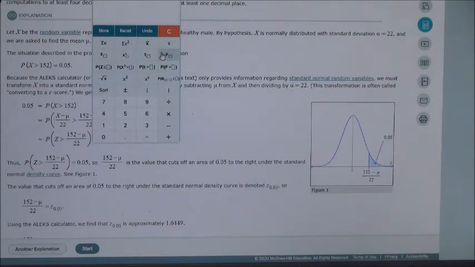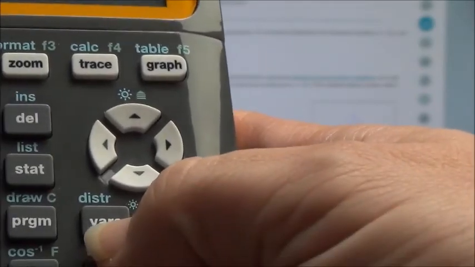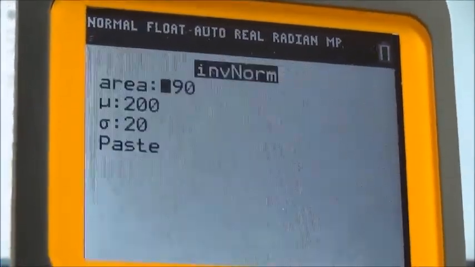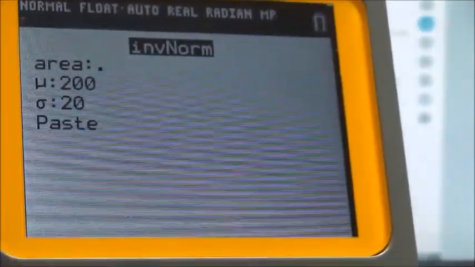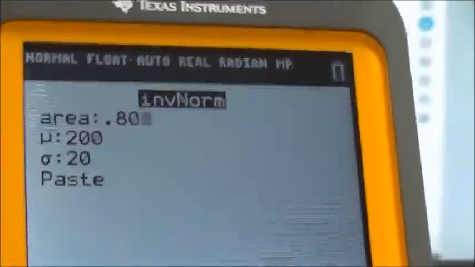So I want to interview the top 20%. If I'm doing the top 20%, I'm going to do 80% or lower. So on my graphing calculator, I'm going to do my second function button and my vars key to get my distribution menu. And again, we're going to do number 3 to do inverse normal. So if I do number 3 there, my area, I want 80% or lower, since I want the top 20.